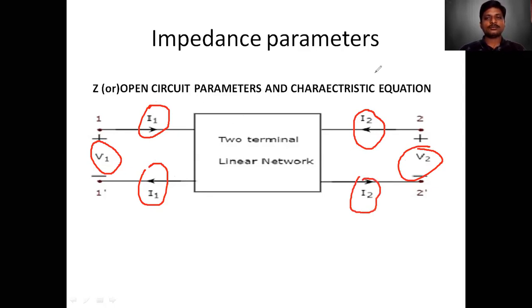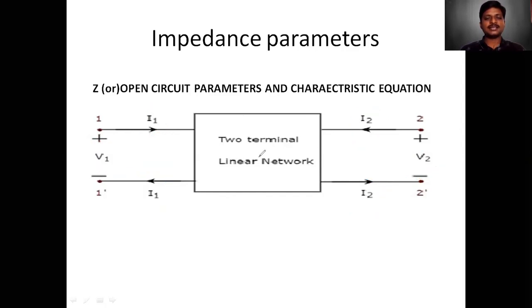Now when a two-port network is taken, you can write impedances in many ways. Particularly here you can write in four ways. First, impedance means, according to Ohm's law, we can write Z is equal to V by I. Here Z is equal to V by I, therefore we call it impedance.